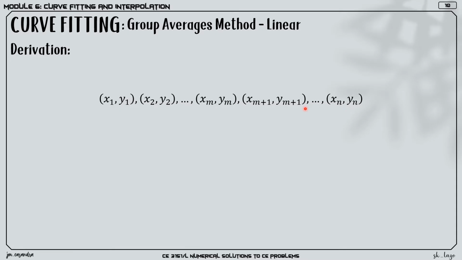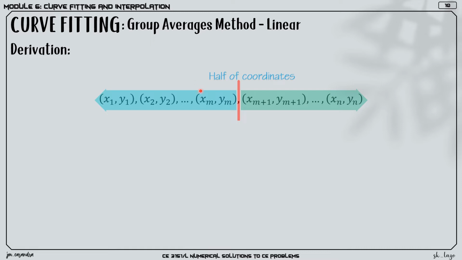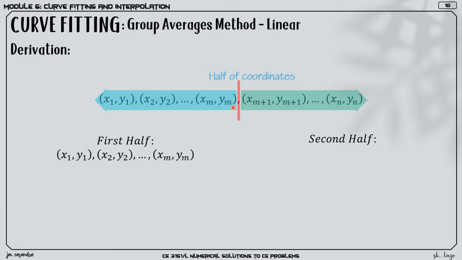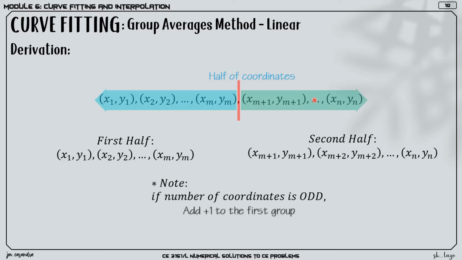And we divide all of the coordinates into 2, wherein we take half of the coordinates. So the first half will be from x sub 1, y sub 1 until x sub m, y sub m. And the second half will be x sub m plus 1, y sub m plus 1, until the last coordinate, x sub n, y sub n.